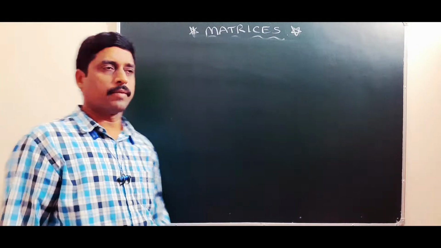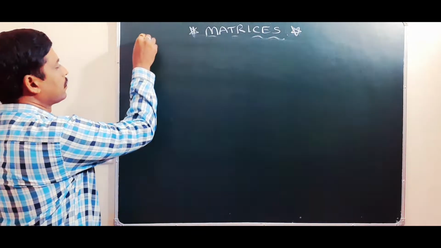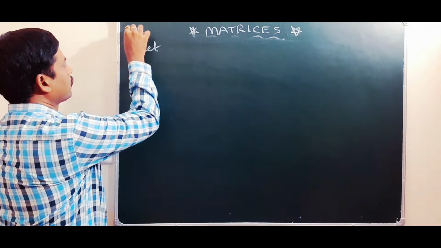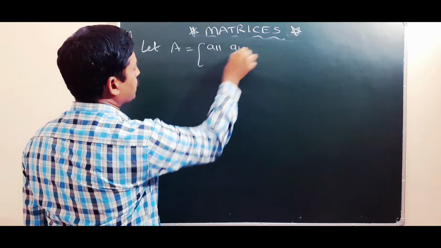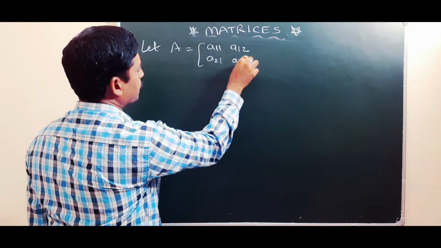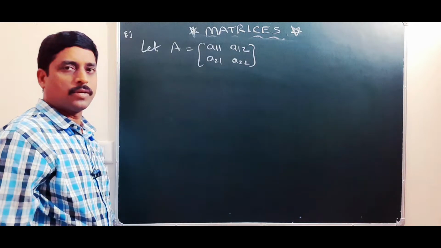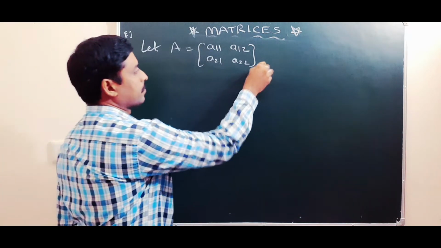I give one more example. Let us take A equal to A11, A12, A21, A22. This is a 2 by 2 square matrix.